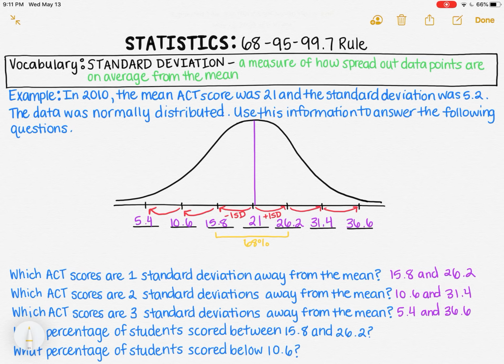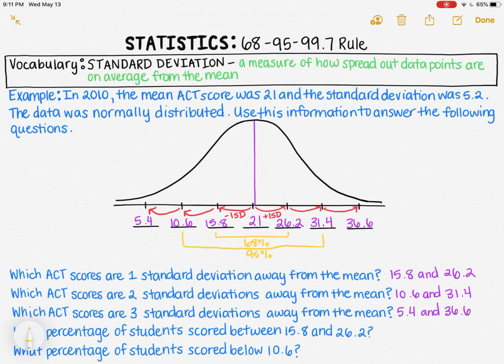So we just know that that part of the curve represents 68% of the people. 95 is telling us the percentage of people that are within 2 standard deviations of the mean. So 95% of people have an ACT score that is between 10.6 and 31.4. So that's including the people from before. We're just getting bigger pieces of the curve.